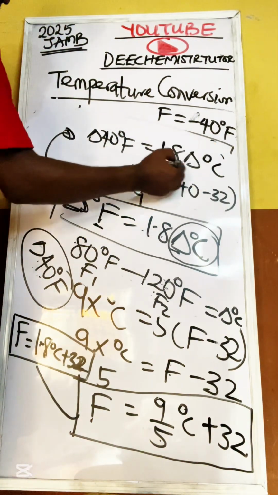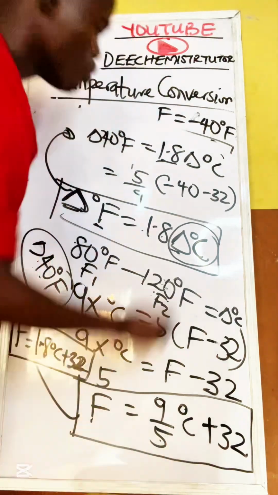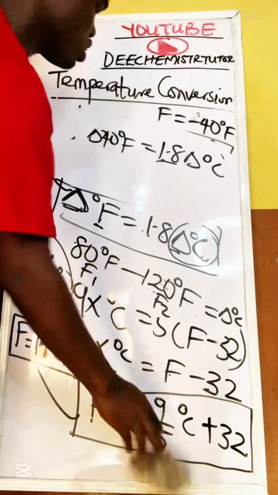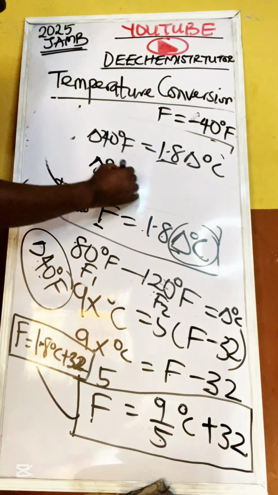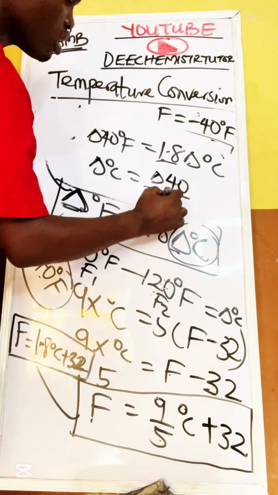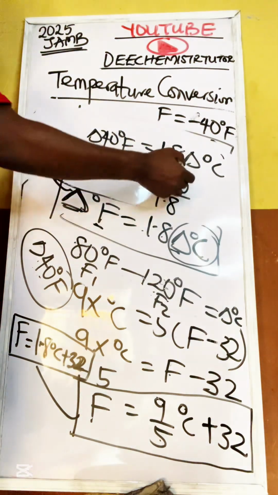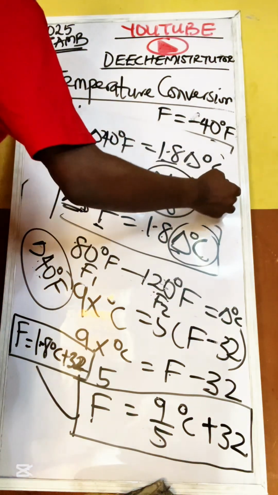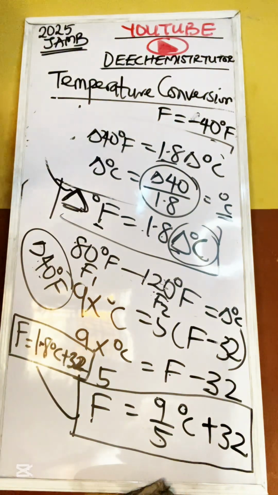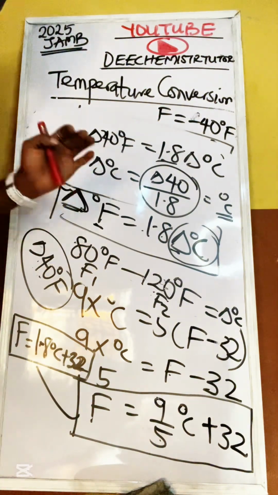Just divide both sides by 1.8. You get that change in degree Celsius equals 40 over 1.8. Whatever you get is the answer in degrees Celsius. Do you get that? So I hope you understand this.